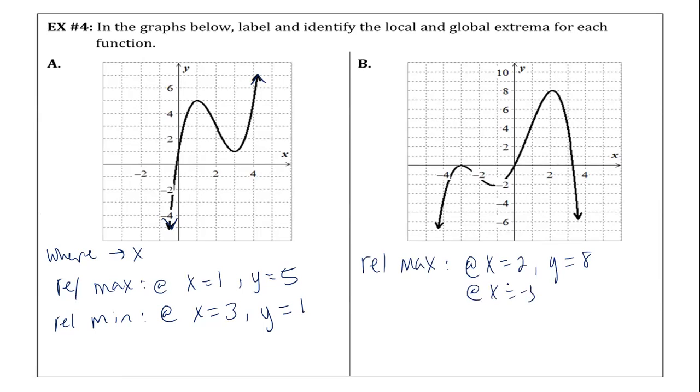At x equals -3, and y is 0. What about my relative min? At x equals -2, y equals -1, and the value is -2. My bad.